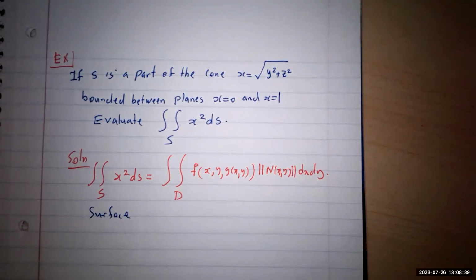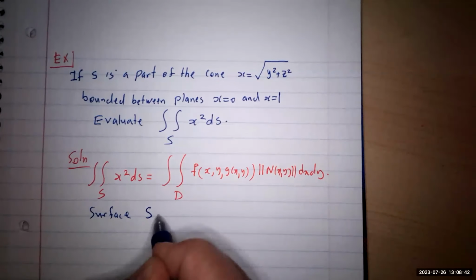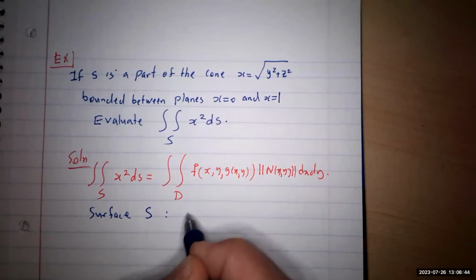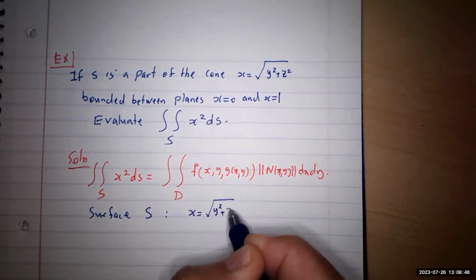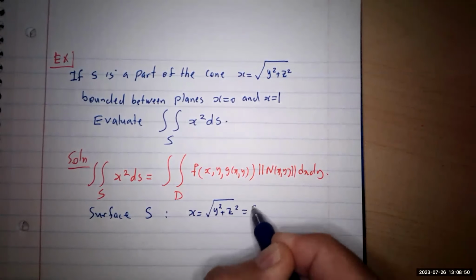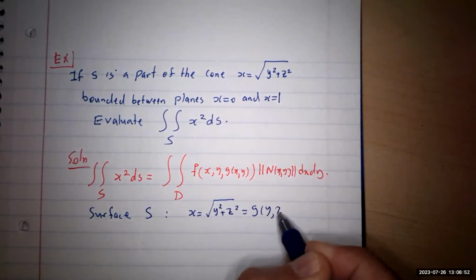You see, the surface S is given in this form: x equal to the square root of y squared plus z squared. So it's a function of y and z.